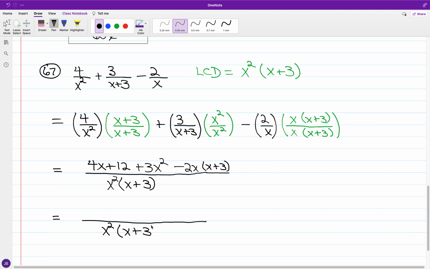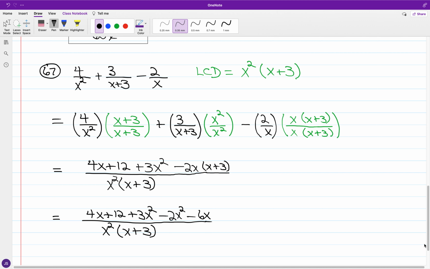So for what we got here, you have x squared times the quantity of x plus 3 in the denominator, and again, we have 4x plus 12, plus 3x squared, and then for the distribution at the end, negative 2x times x, so we have negative 2x squared, and negative 2x times 3, so we have a minus 6x.